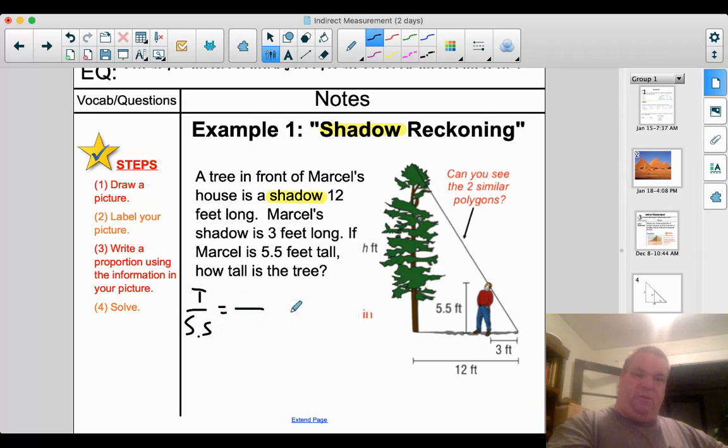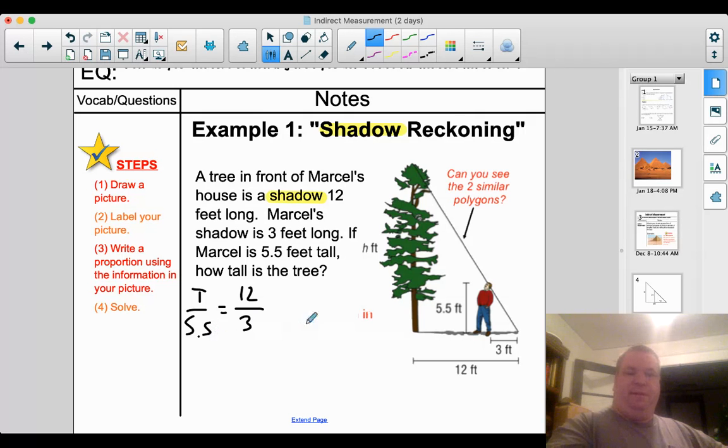Okay, and then when I'm doing the ratio between the shadows, again, I started with the tree, so I have to do the tree's shadow on top and Marcel's shadow on bottom. Okay, so those of you who have an eye for shortcuts might notice the top here is 4 times bigger than the bottom. So that should be the same thing here. So you could just take this and multiply by 4.